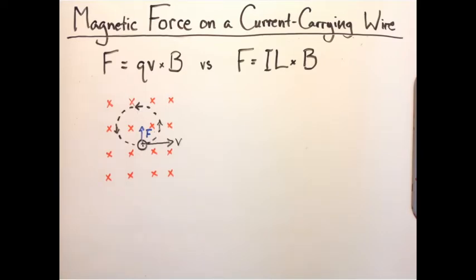But the tricky thing with individual charges in a magnetic field is that the direction of the force doesn't stay constant, because as they move, their velocity changes directions. So you usually end up with a circle or a portion of a circle. After some amount of time, the charge is moving vertically up the page, and at that moment the force becomes inwards, again based on the right-hand rule.